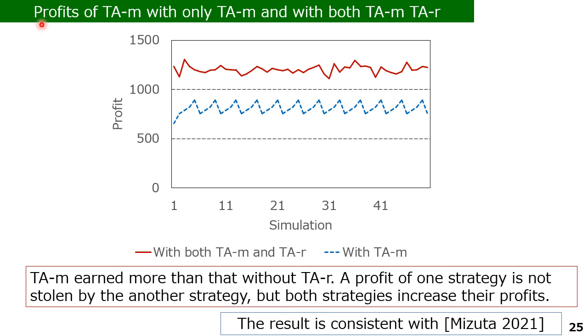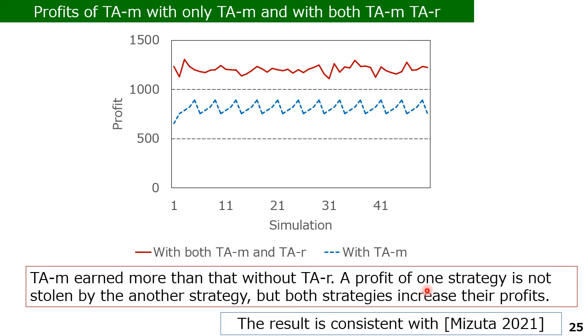This figure shows the profits of TAM with only TAM and with both TAM and TAR. Usually, people say one investor's profit is another investor's loss, so it is a zero-sum game. But this figure shows this is not true. The profit with both is larger than with TAM alone, and more than that without TAR.